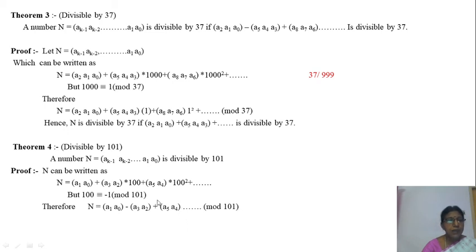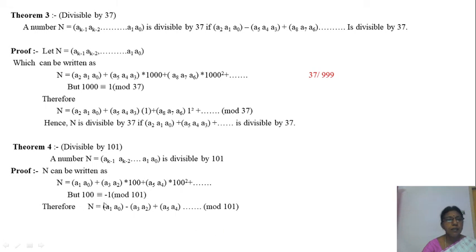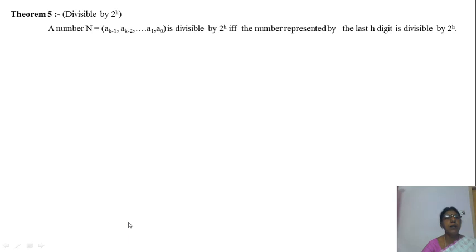Now if this is divisible by 101 and n is also divisible by 101, then n minus this number is divisible by 101. So what is the conclusion? If this number is divisible by 101, then n is also divisible by 101.